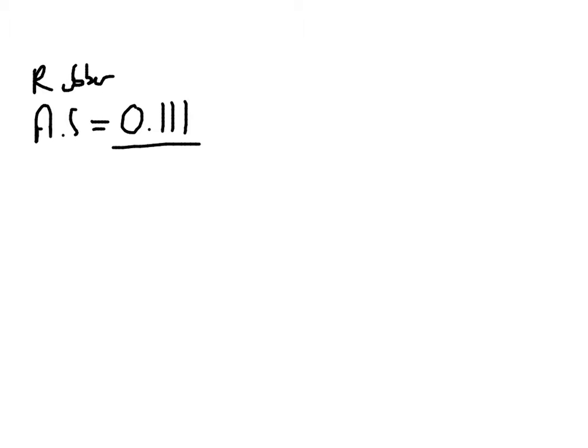So if I jump to a new slide for rubber, the axial strain is going to equal our maximum transverse strain before it touches the side, 0.1 recurring, over the Poisson's ratio for rubber, 0.5, which is 0.2 recurring.